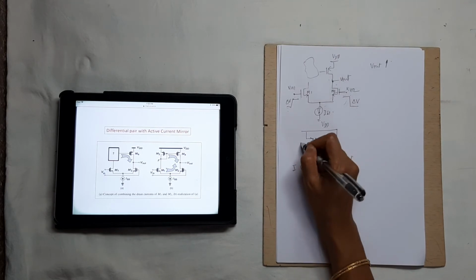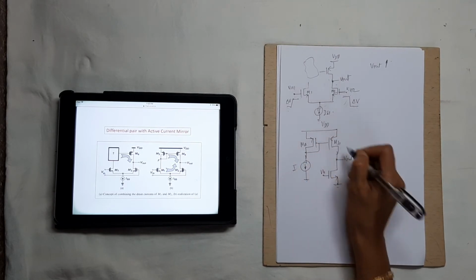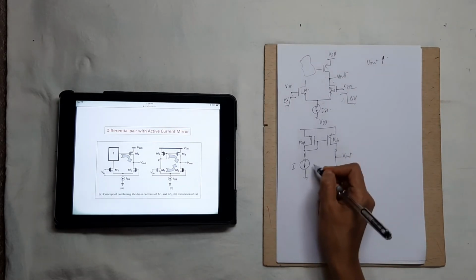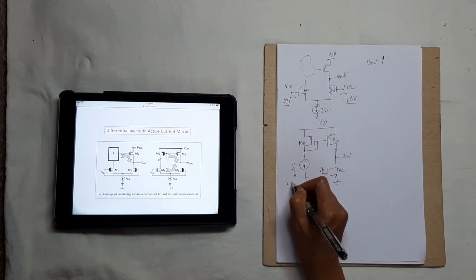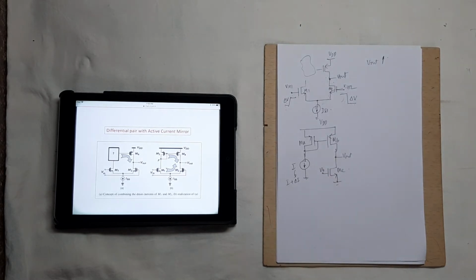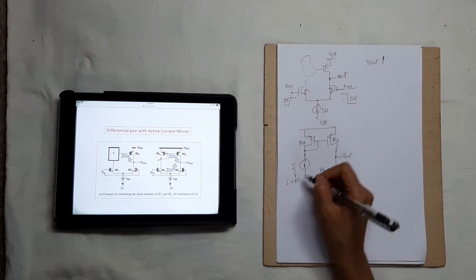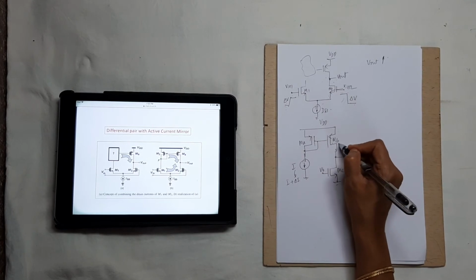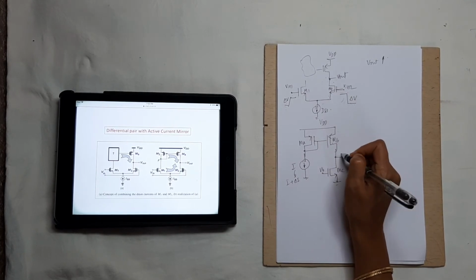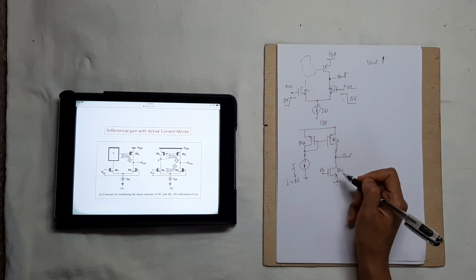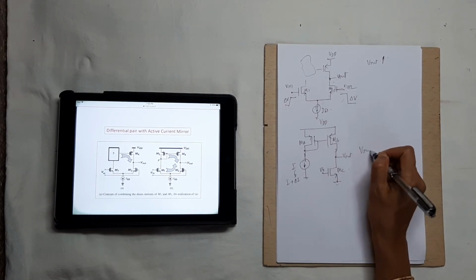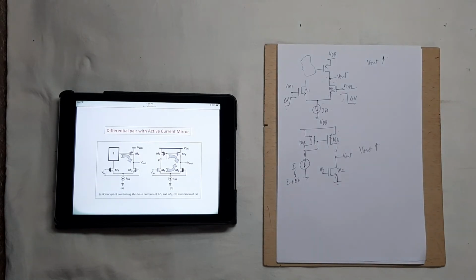This is VD. Let us call this MA, MB and MC. This is the structure. Now assume that this current increases from I to I plus delta I. There is a change of current of delta I. So when this current increases, automatically, since this is the mirror circuit, the current through MB also increases. When this increases, this is a current source. You can think of that as the impedance. When the current through this increases, automatically the output voltage also increases.